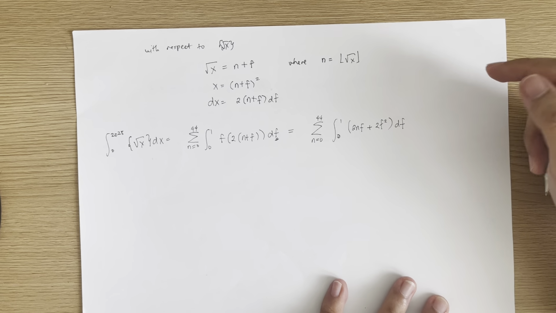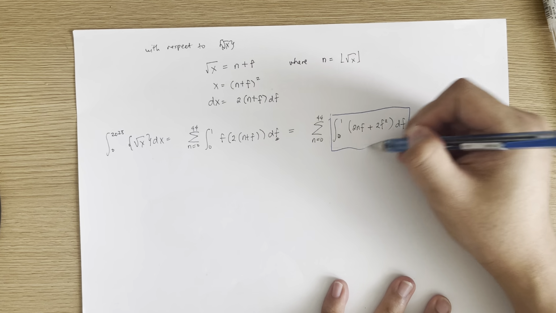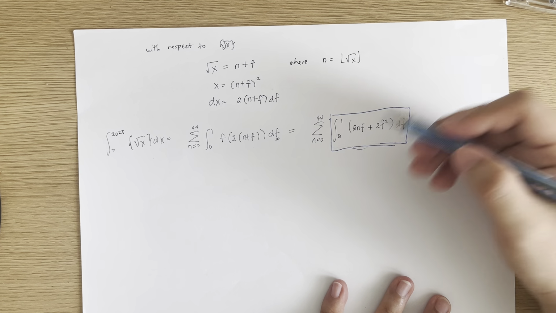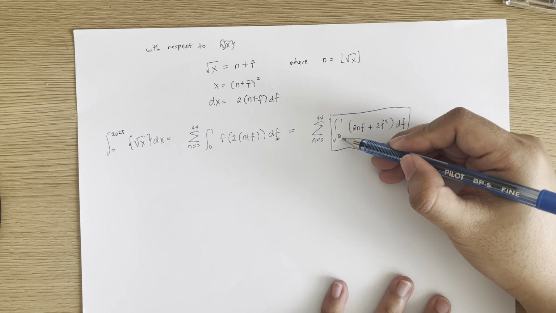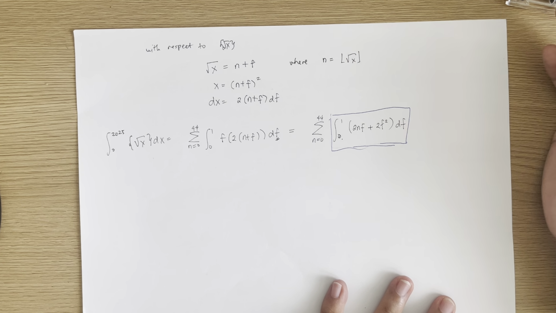What I like about this is that the integral now is much simpler than the one we have earlier because the bounds of this integration are 0 and 1, not something in terms of n.